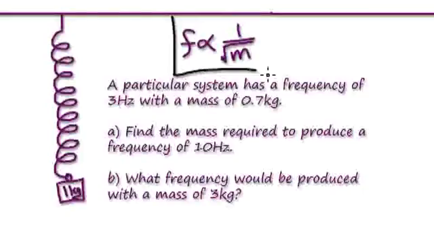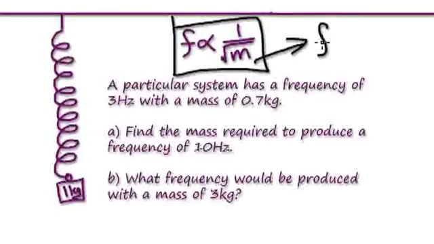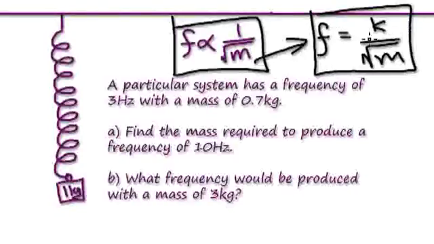You can also visualize f equals k over root m. But just to answer this question, jump to f equals k over root m. Now it's just a matter of finding out k.